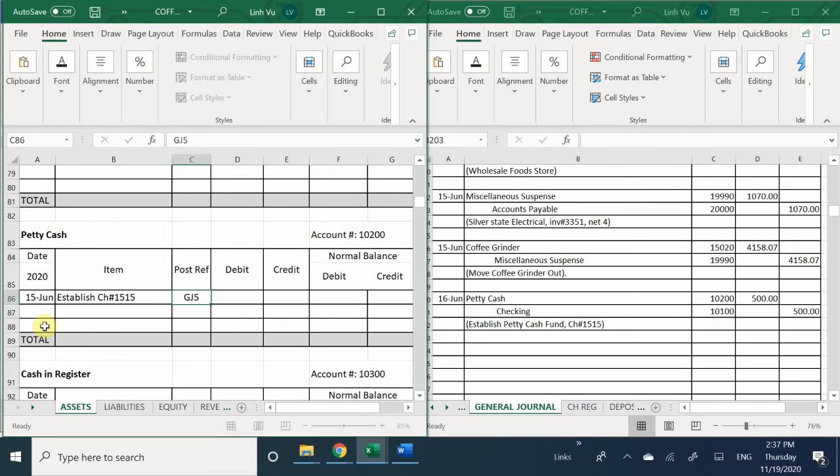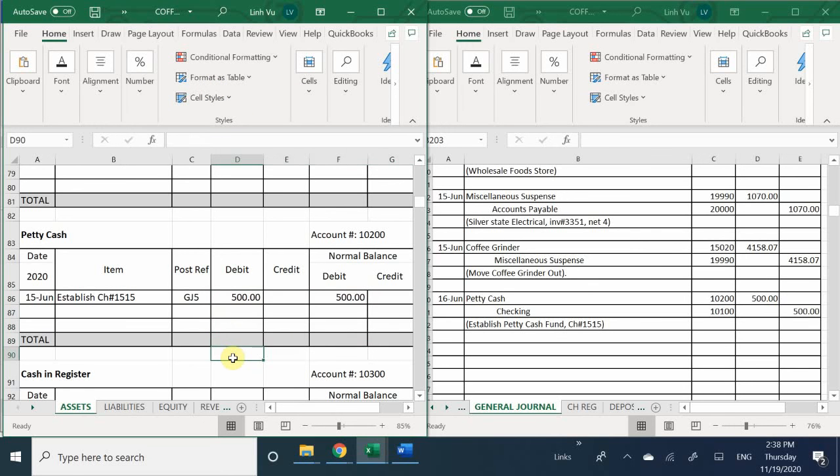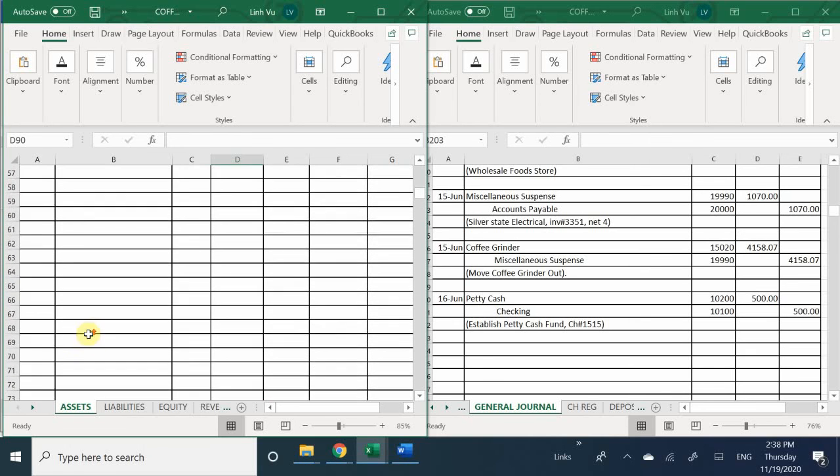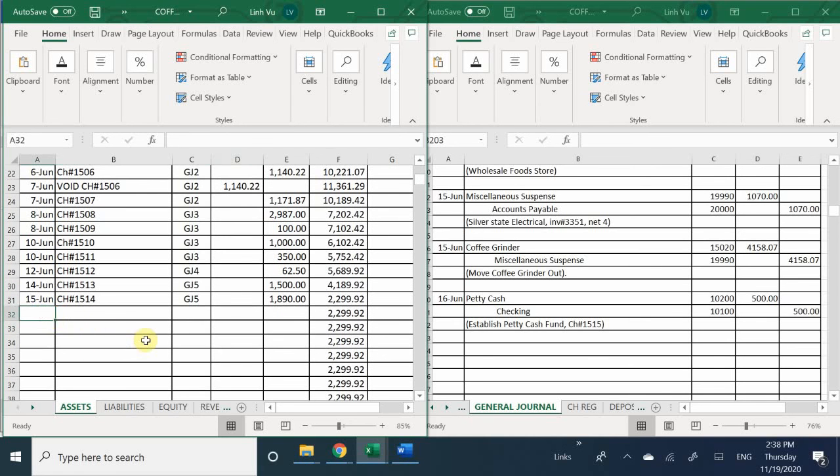All right, and then general journal 5. And then the debit is 500. And then we're going to checking, and put in the check number.